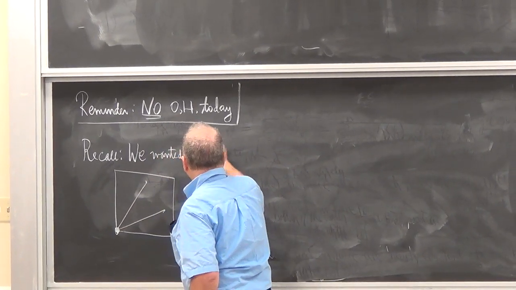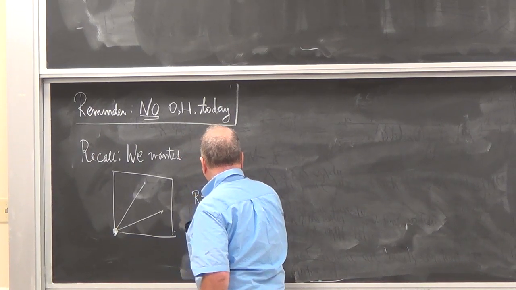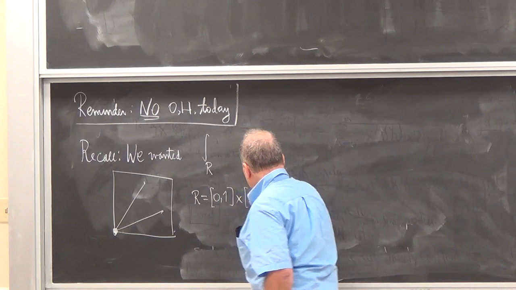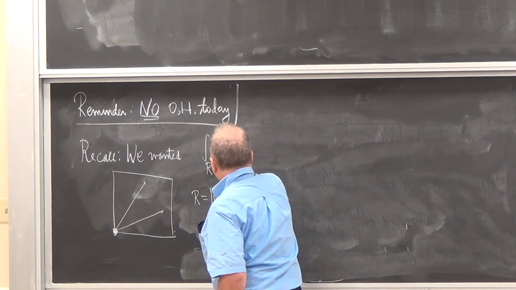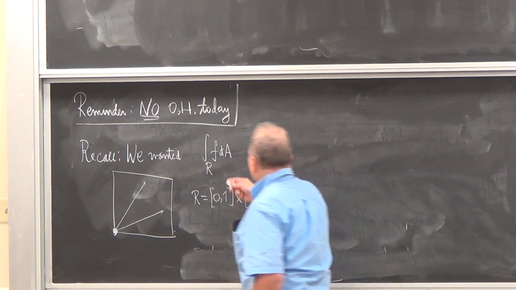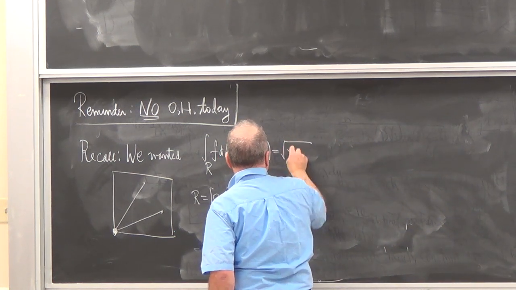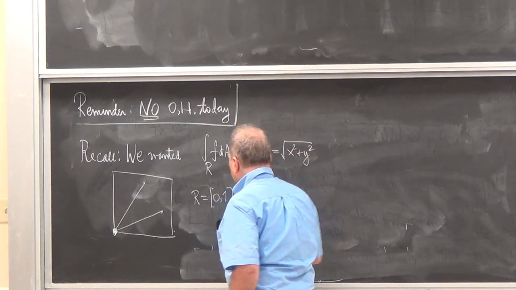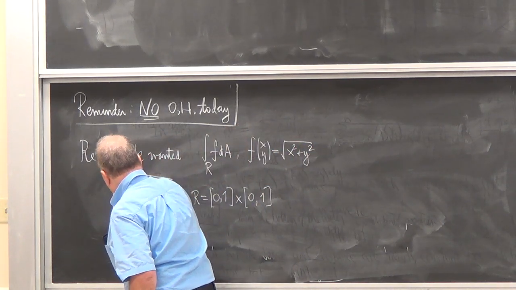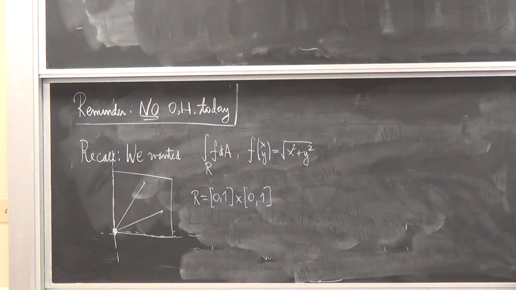So we wanted to know the integral over R, where R is the unit square. We wanted to know what the average value of f was, where f was the distance from the origin to points inside the square. So the distance formula says magnitude of (x, y), or square root of x squared plus y squared.